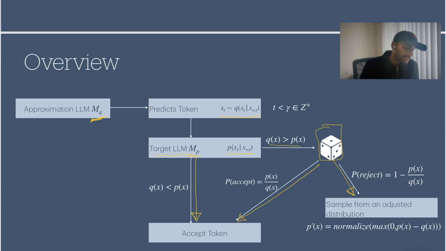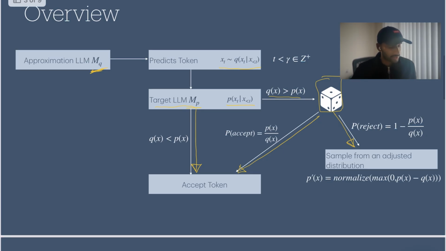Now, in the case when we reject the token, let's talk about this P prime X distribution. The P prime X distribution is defined as the normalized probability distribution, where the normalization happens over the difference between the target LLM's output distribution and the approximation LLM's output distribution.